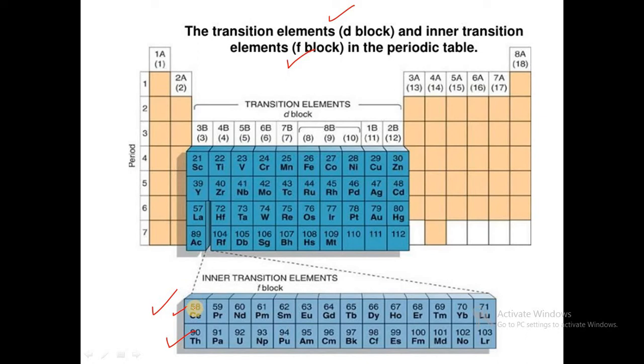The actual position of the lanthanide series is after 57 lanthanum, but for convenience they are kept at the bottom of the periodic table.